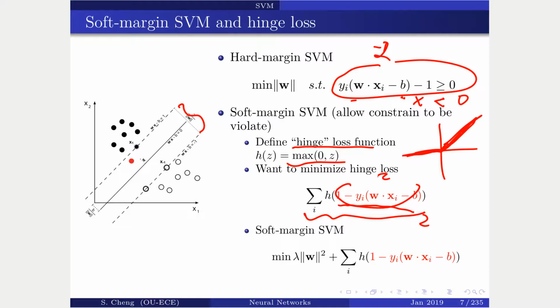The hinge loss of minus 2 is 2, so I will have a loss value of 2. And I sum over all the samples. So the soft margin SVM will have an expression like that. Any questions? And of course, this is only for 2 classes.